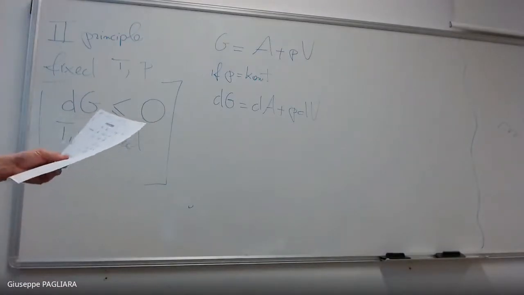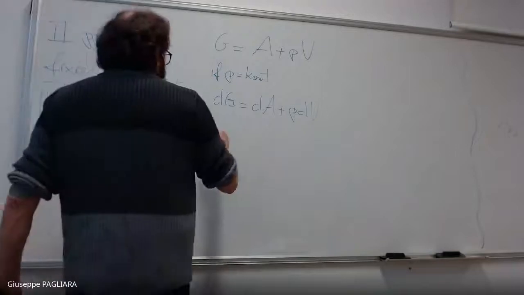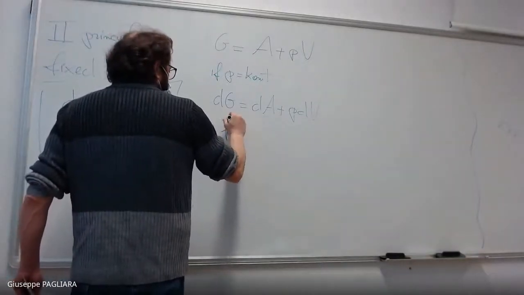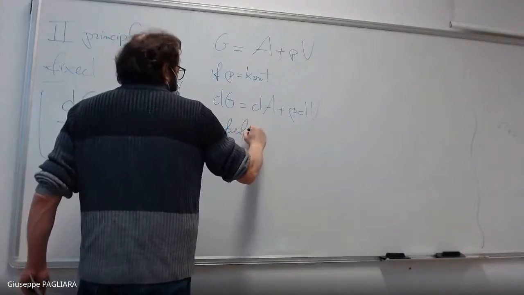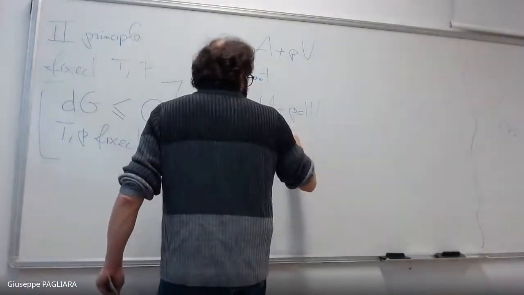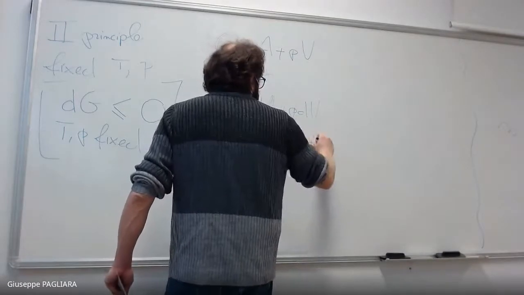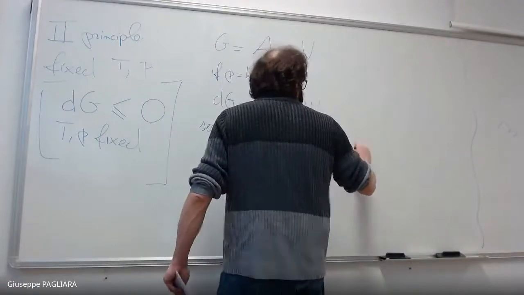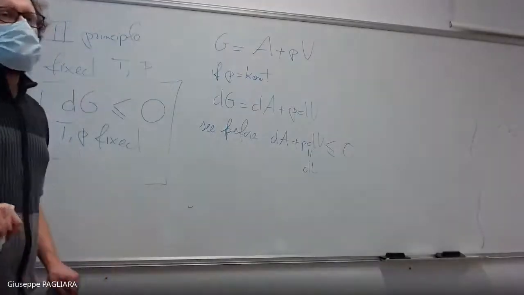But before, we said at some point that dA plus PdV, which was our dL, must be smaller than 0 due to the Clausius theorem.